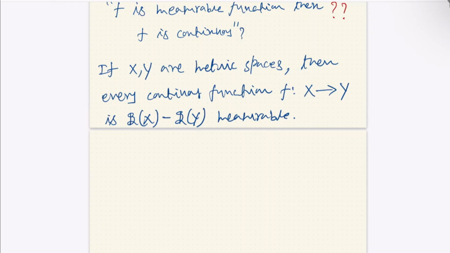Okay, that's it, I guess. A lot of other properties are there, but we don't require many properties.